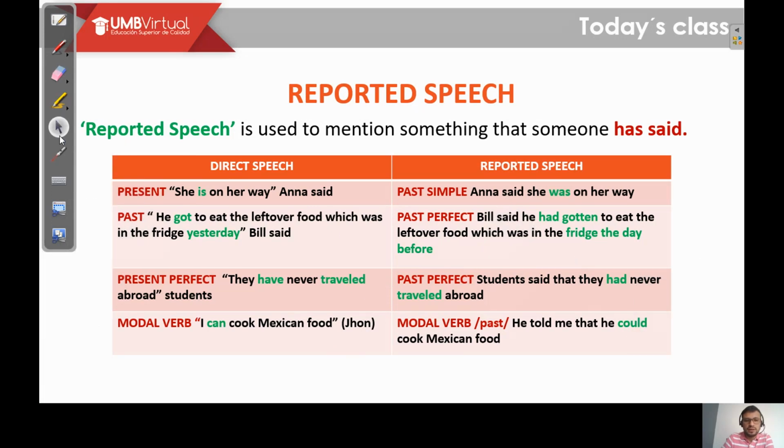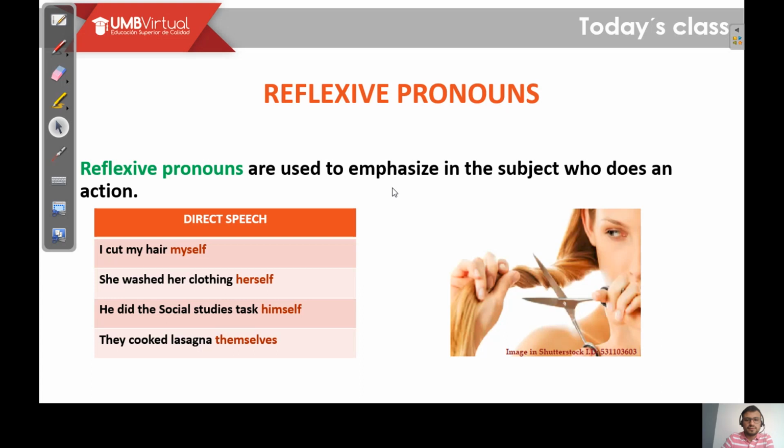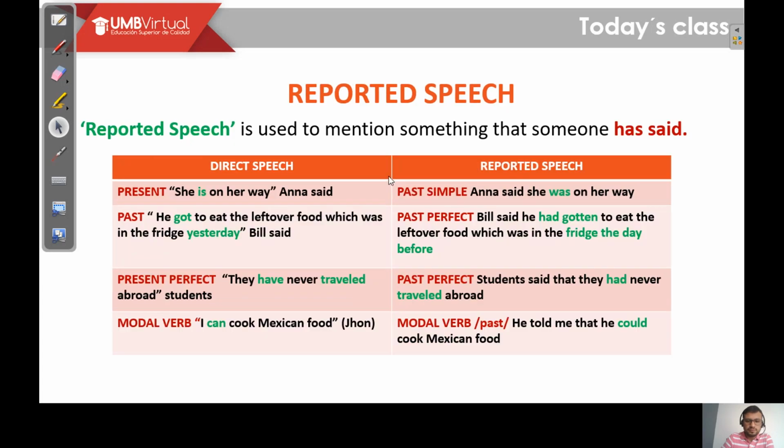Dependiendo. Desde luego tenemos muchos más tiempos gramaticales. La persona me lo puede decir en futuro, en presente progresivo, en pasado progresivo, ¿sí? Entonces, dependiendo de eso, va a haber un cambio directo. Por ahora, vamos a asumirlo de esta forma.